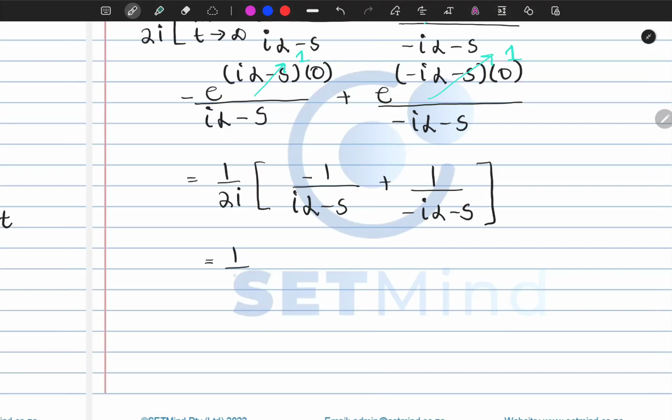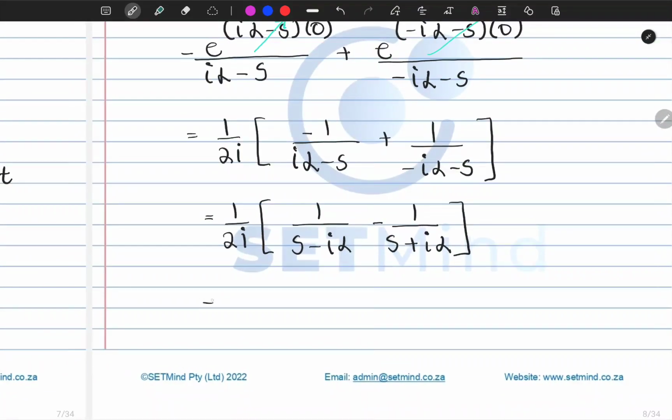So that will be 1 over 2i. I'm going to pull the negative down so that I have 1 over s minus i alpha. Okay. Then on the other term, I'm going to pull the negative up, which is what causes this negative here. Then I have s plus i alpha. Then we do the common denominator here.